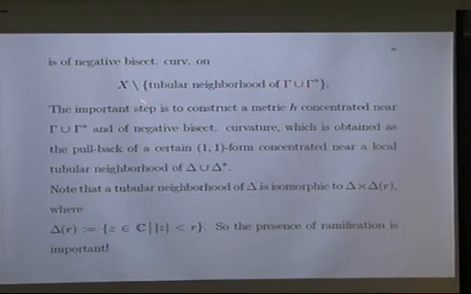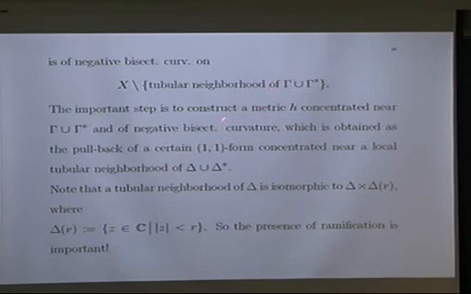So in X minus some neighborhood of gamma, the two branching divisors.